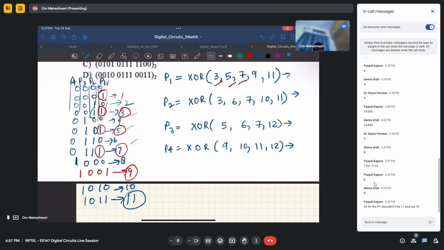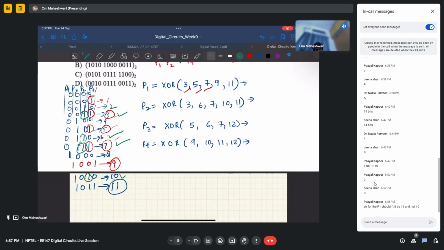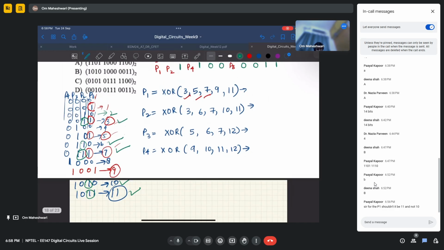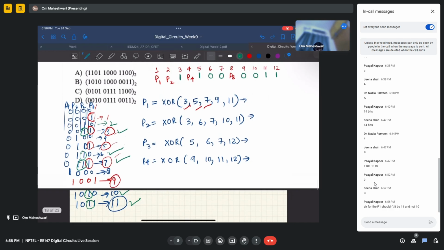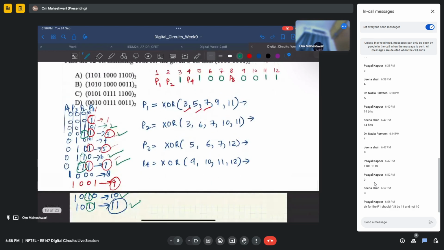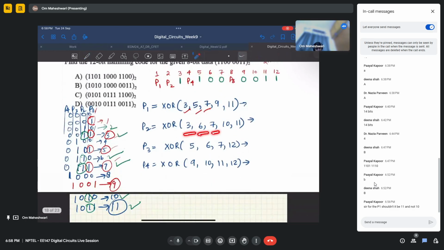So we have 3, 6, 7, 10, 11. In all these, in their binary expansion, we have ones in the second bit.